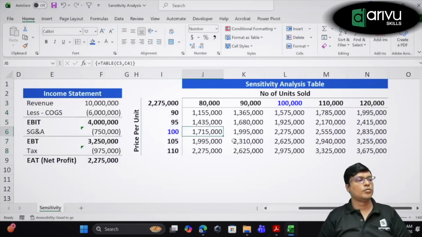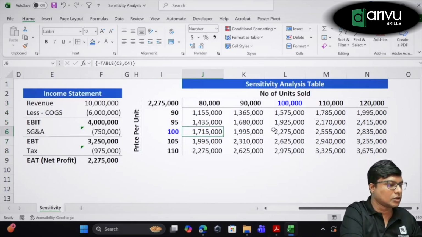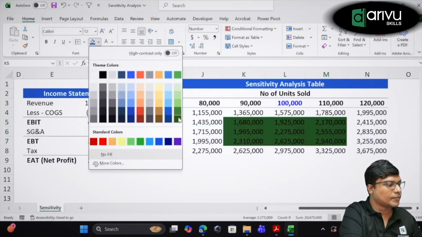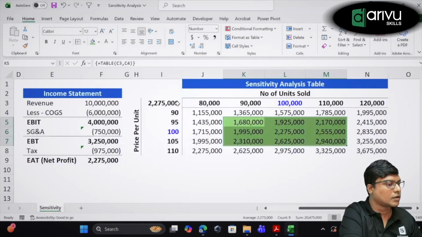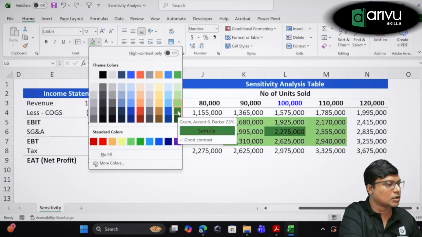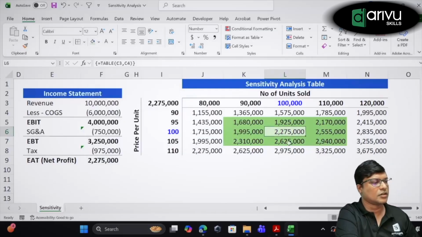So the different combinations, we are combining the different methods. So here, select, fill it with some different color. This, fill it with some dark color, preferably light color.